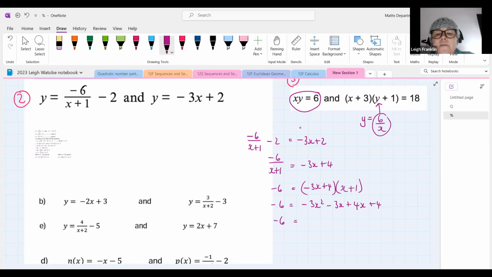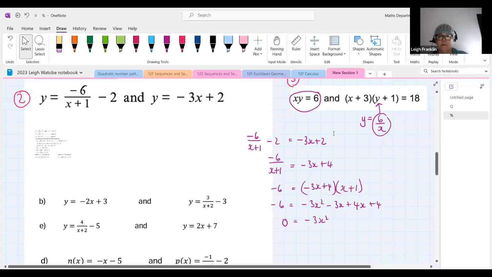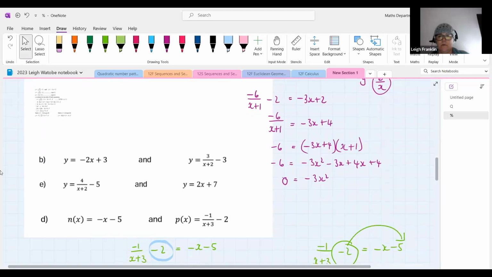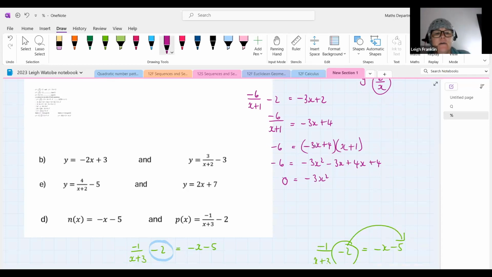Getting it into standard form, we'd end up with minus 3x squared, equal to 0, plus x plus 4 plus, so this would be plus 10. So we have now ended up with 3x squared minus x minus 10.